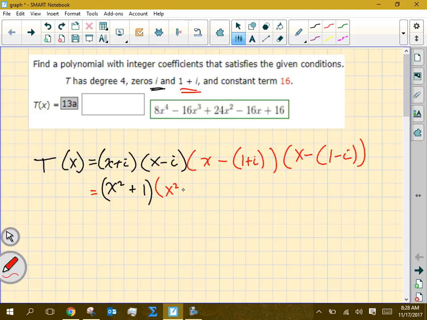So it's going to be minus x times 1 minus i. Now inside times inside is going to be the same thing, so it'd be negative x. Now I guess it's not the same thing because it's 1 plus i instead of 1 minus i. Is that okay with everybody?